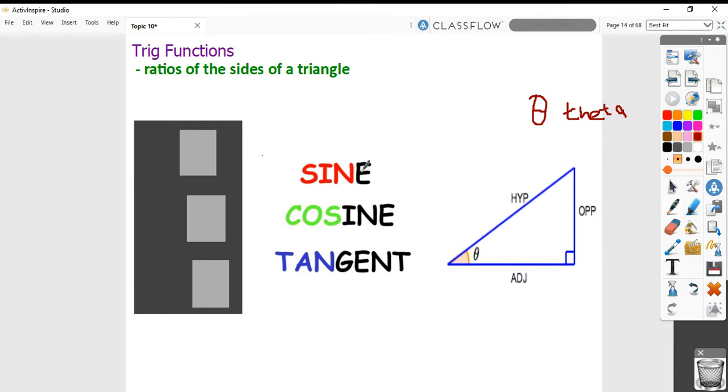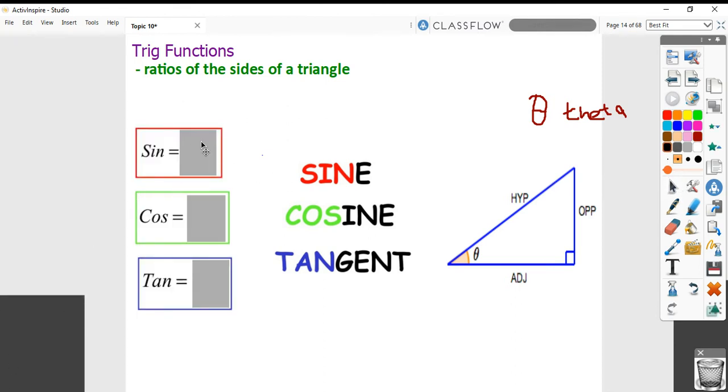So we've got sine, cosine, and tangent. The first one, sine, is the ratio that compares the opposite side of the triangle to the hypotenuse. So the sine of theta is this number divided by that number.